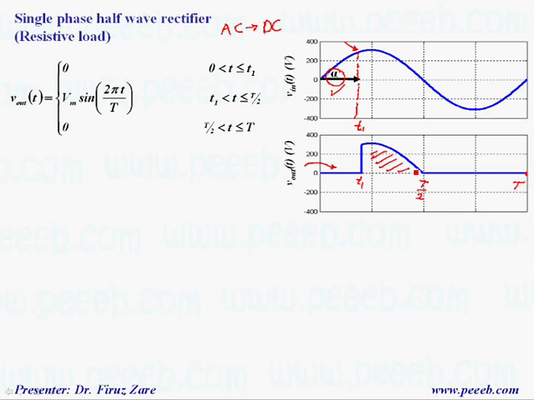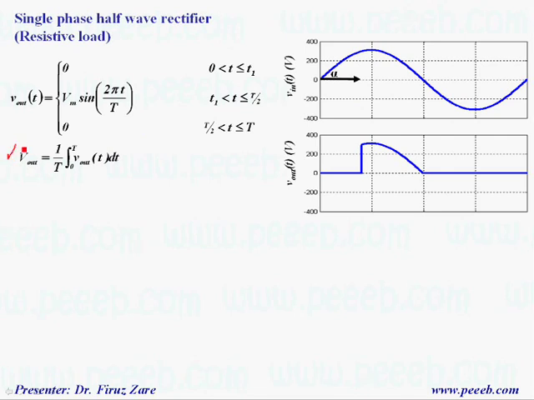The point is to find this area, which defines the average output voltage. Based on this simple equation we can find the output voltage over one cycle. Now we need to put in this equation the output voltage at different periods.